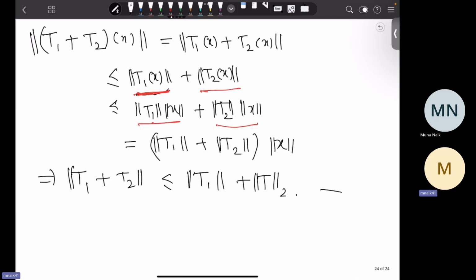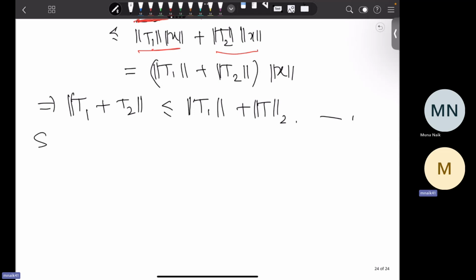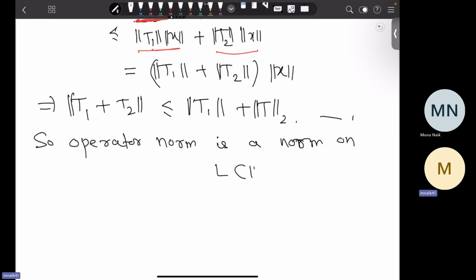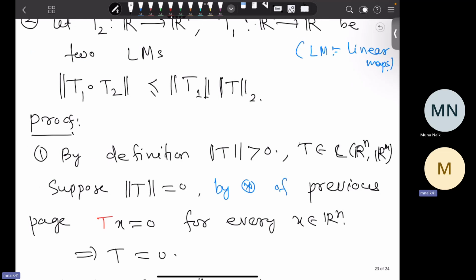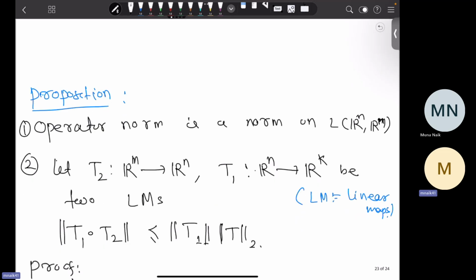So the triangle inequality holds, so the operator norm is a norm on L(R^n, R^n). Okay, this is clear. So we have proved the first thing.